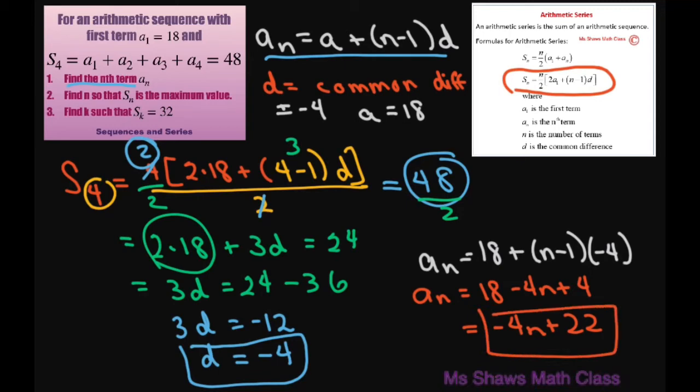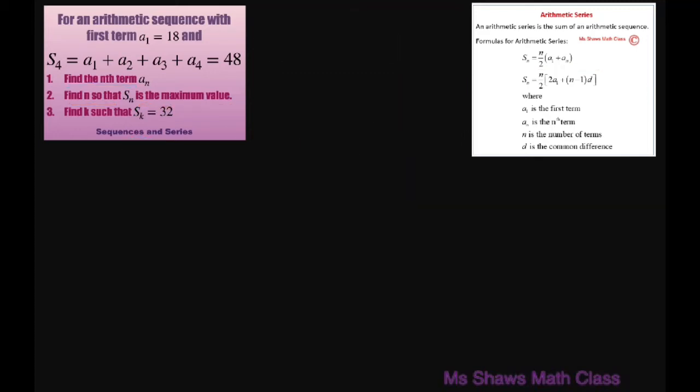Now we're going to find n so that s sub n is the maximum value. For this one, we're going to use our common difference, which was negative 4, and our first term, which is 18. Do the same thing with this formula, but substitute in your first term and your common difference.